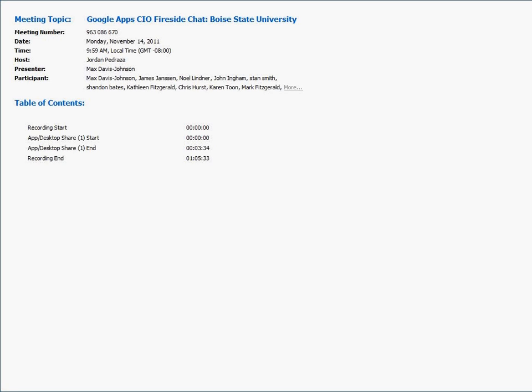I don't have exact numbers, but as a frame of reference, out of the 2,100 full-time faculty and staff plus the student employees, we were probably sitting around 10 to 15% usage at the time of the actual rollout, and then that doubled during that time frame, and it's gone up since from there.